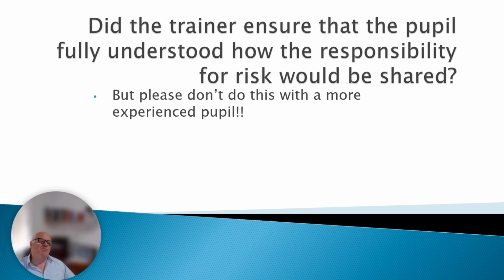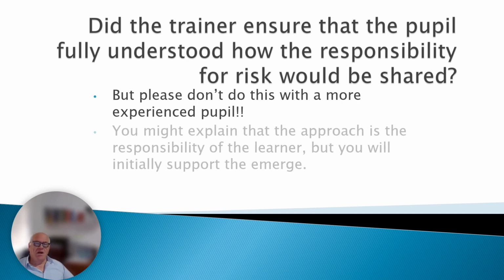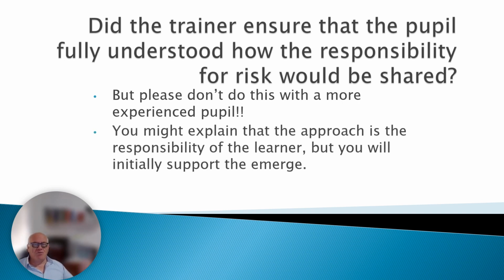This probably came about because in one standards check that somebody had failed, an examiner talked about sharing the risk, the instructor did not know what it meant, and the examiner gave an example: you could have told the pupil that you had dual controls. In that situation, on that day, with that pupil, that was probably a very good example to use. But you wouldn't do it with other learners. You need to approach this with every different learner.